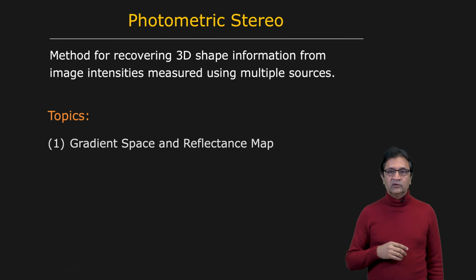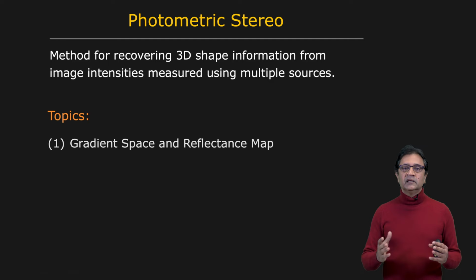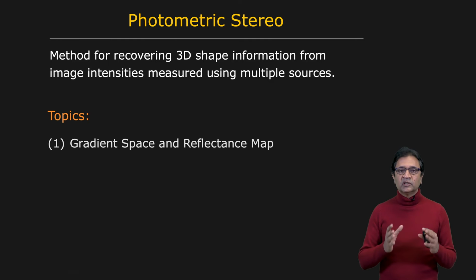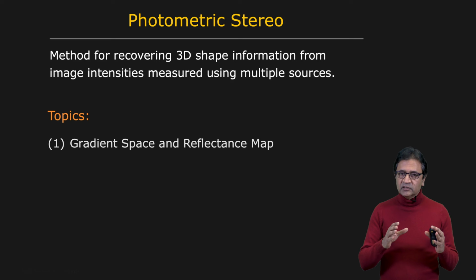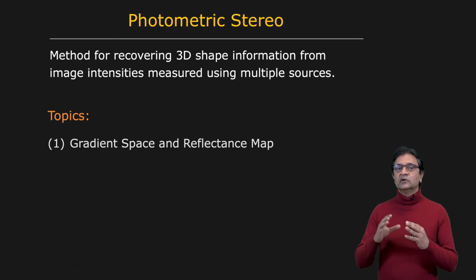So first, we're going to start off with what's called the gradient space. The gradient space gives you a convenient representation for the orientation or surface normal at each point on the surface. And then with the gradient space in place, we're going to talk about the concept of a reflectance map.